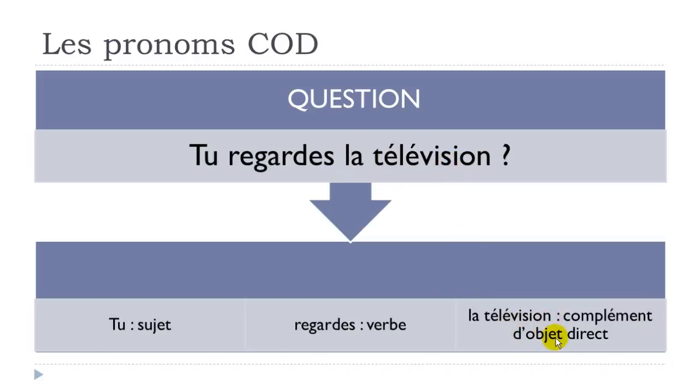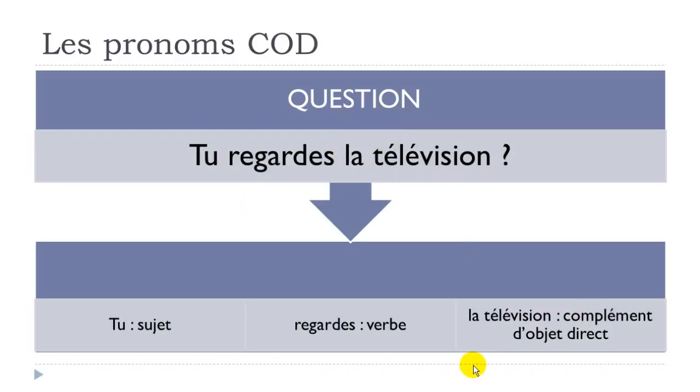It's objet, it doesn't have anything to do with an object like that, but it's what we call grammatical object. Okay, and we say that it's direct because you don't have any preposition between the verb and this complément. So no preposition, so it's direct.